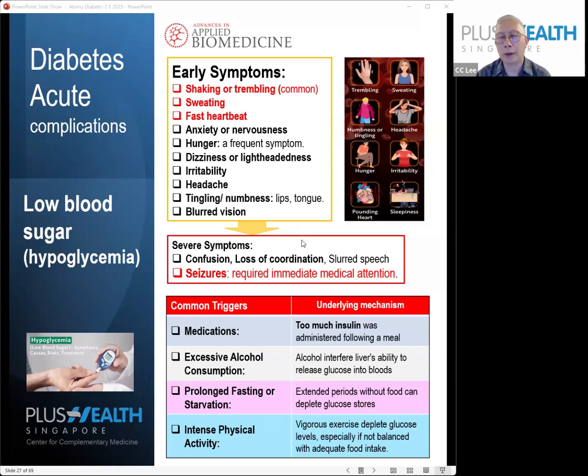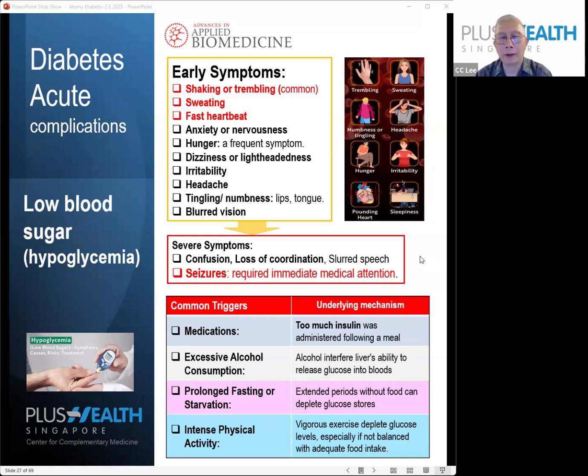It's very important that if the symptoms don't subside and you go into severe symptoms of confusion, loss of coordination, and seizure, then the patient must rush and will require medical attention immediately. So it's very important to recognize the symptoms of low blood sugar, because these are the risks associated with late-stage diabetic patients.